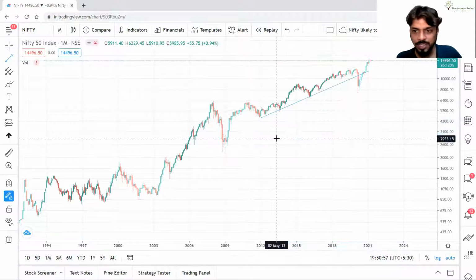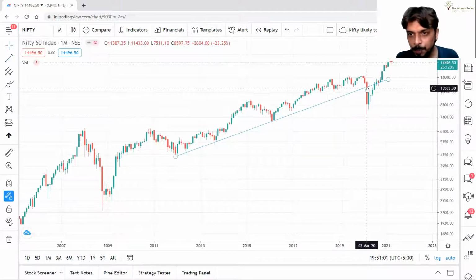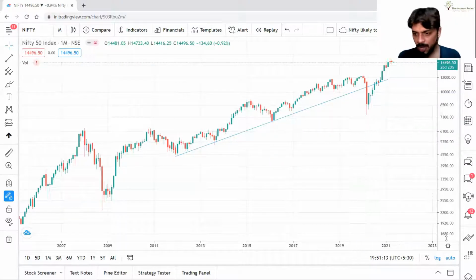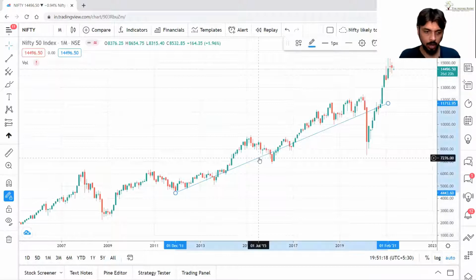Okay, so on this trend line, there was a break of trend line at 10,645. Now let's go to arithmetic scale. This is log scale.